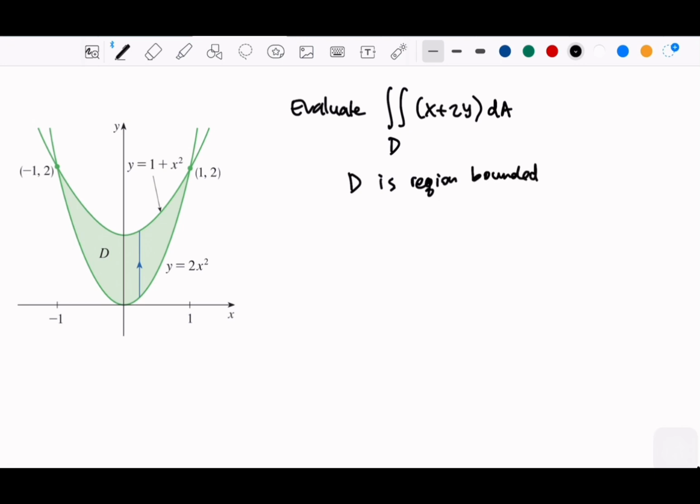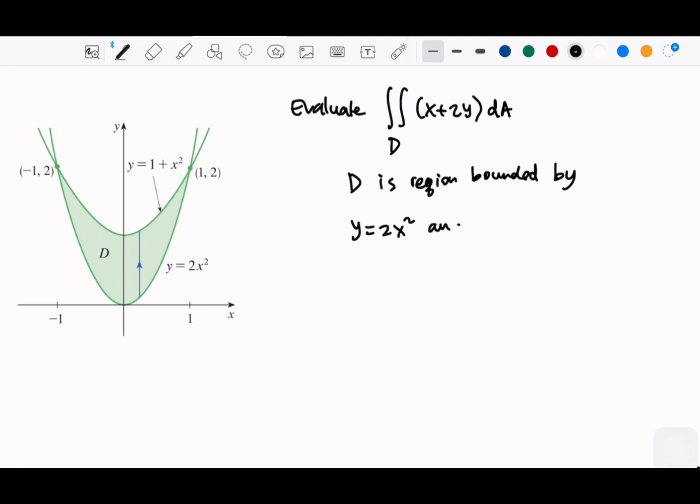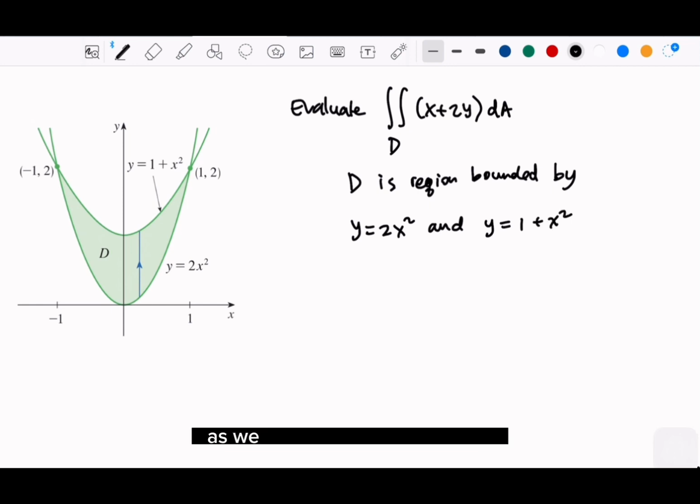bounded by the parabolas y equals 2x squared and y equals 1 plus x squared, as we can see from the left side. Sometimes maybe the picture is not provided, but mostly the question will give you a very simple graph that you can draw.